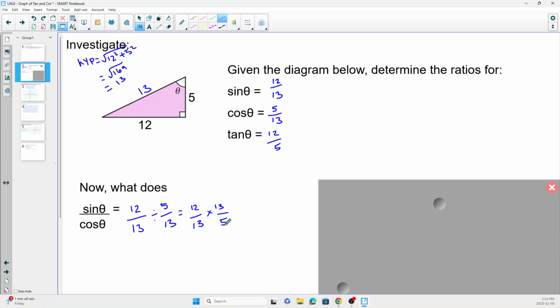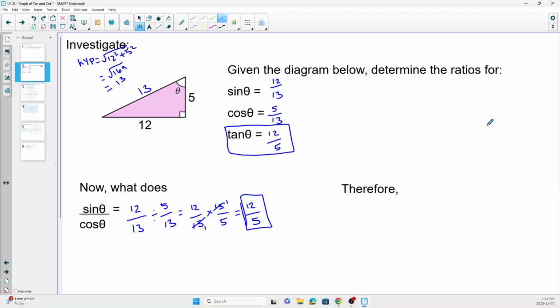And then our cross-canceling rules tell us that these guys can cancel each other out, leaving us with just 12 times 1, or 12, in the numerator, and 1 times 5, or 5, in the denominator. So sine theta divided by cos theta is equal to 12 over 5, and interestingly, or maybe not for you, tan theta is also equal to 12 over 5.